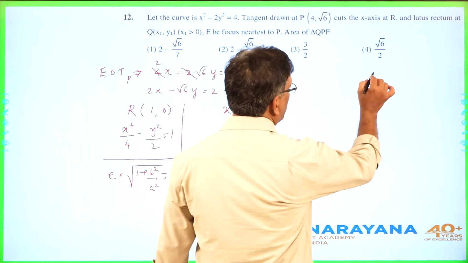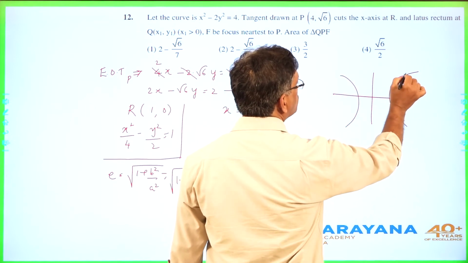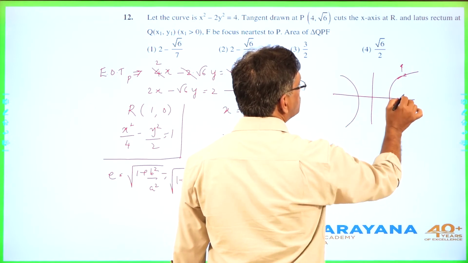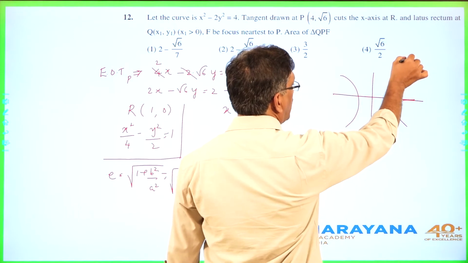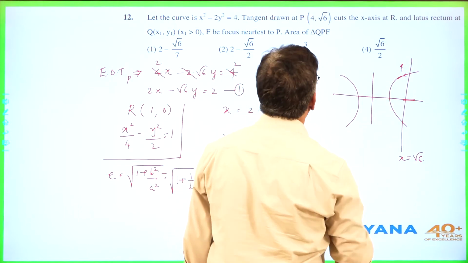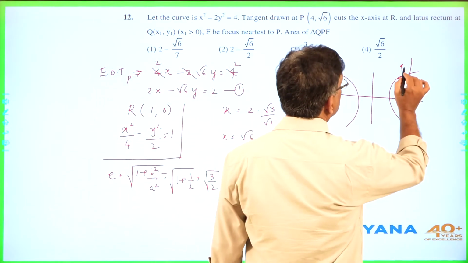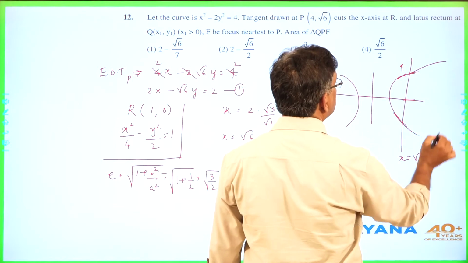It is a rough diagram that I am showing. Somewhere this point, and this is x equal to root 6, and that point is of course beyond, because it will be like this.